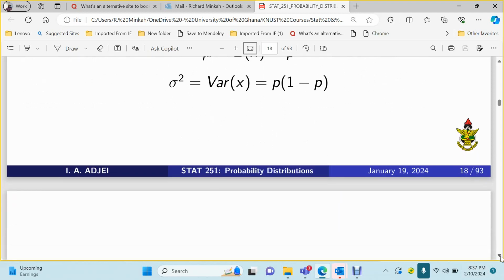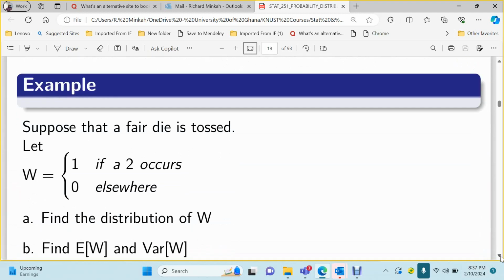Root 5 over 6. Okay, root 5/6. All right.